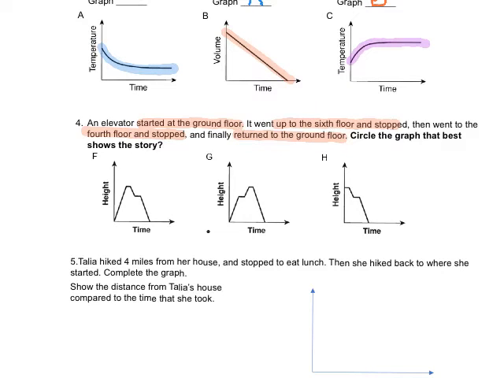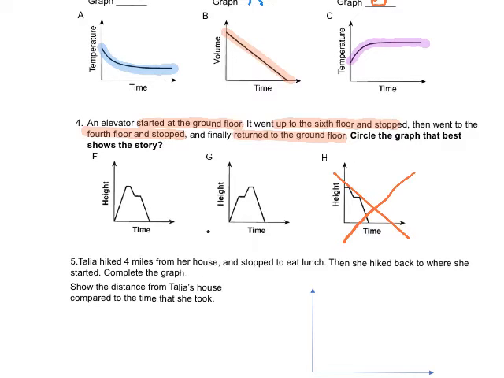So I want those 4 things reflected in the graph. So first I'm looking for starting at the ground floor, and I notice that my graphs are showing time and height. So if I'm starting at the ground floor, the height is going to be nothing. So right away I know I can rule out the option where we're not starting at the ground floor.